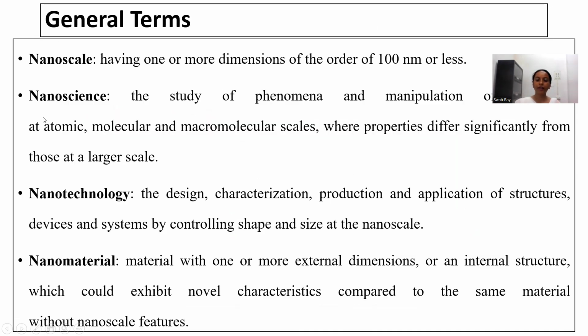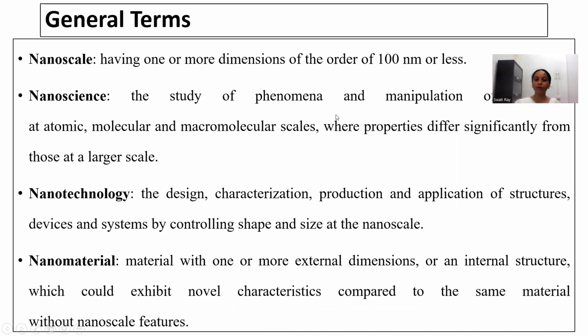Further, in nanotechnology, we should know some general terms. These are the general terms related to nanotechnology. Nanoscale means having one or more dimensions of the order of 100 nanometers or less.